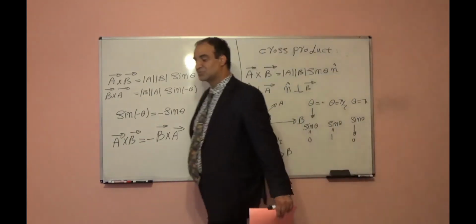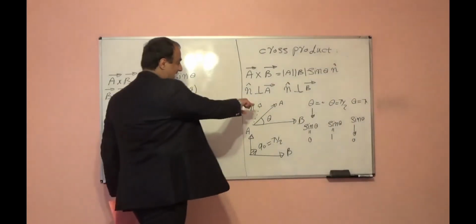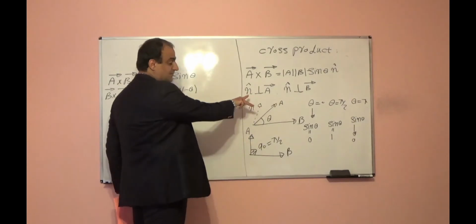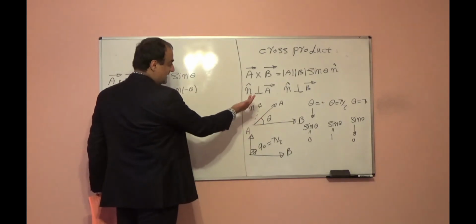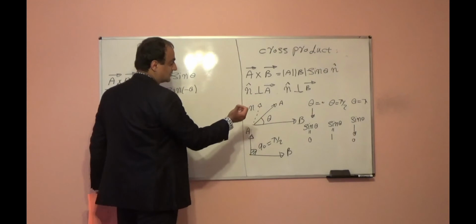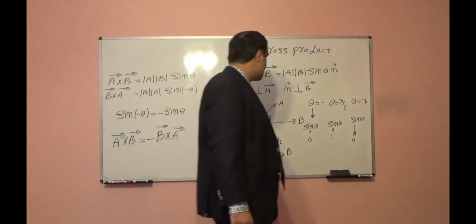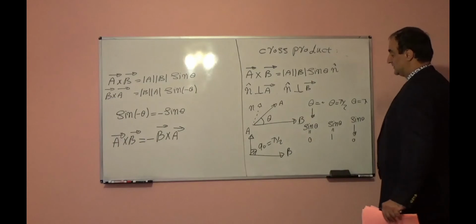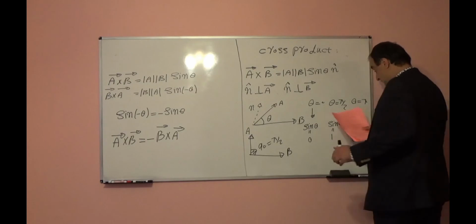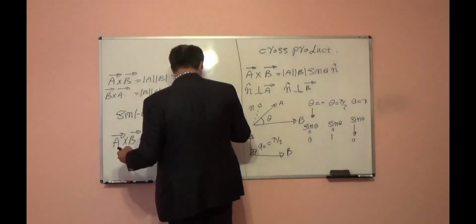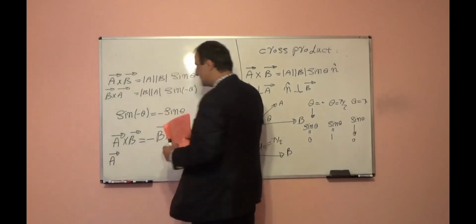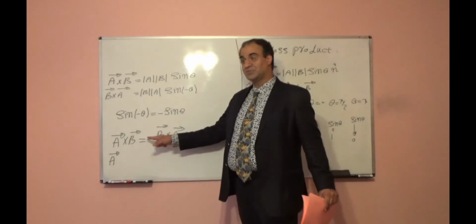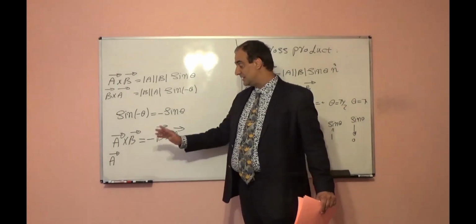And from the right-hand rule, you see that because A cross B will pop into the whiteboard, B cross A will pop out from the whiteboard. So the direction will be different. Another property you can write: in the dot product, A dot B was equal to B dot A, but here we cannot write that.